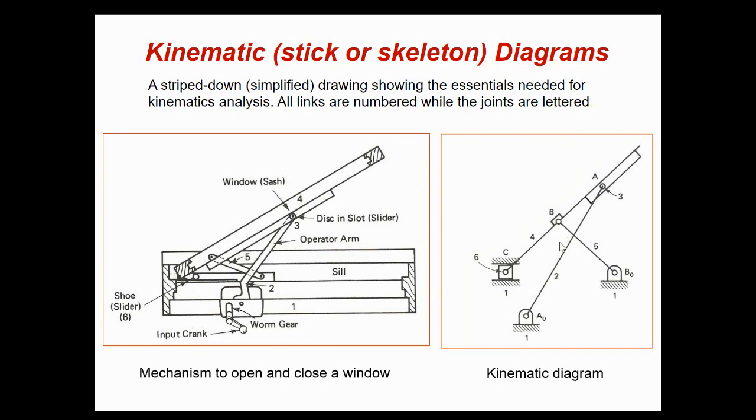Now, in these mechanisms, there are certain conventions. As I have said, the first link is always the ground. The prismatic joints are shown by a piston kind of a joint. And this kind of, let's say, box shows that the fourth link is continuous.